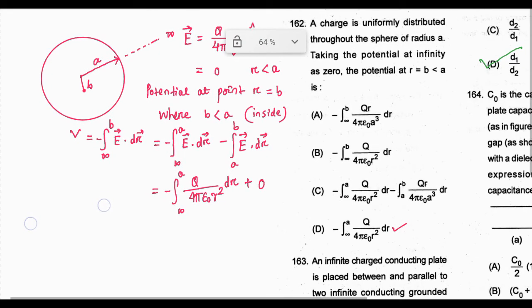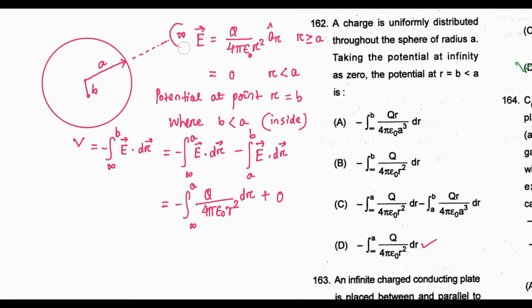Suppose this one is the charge uniformly distributed throughout the sphere of radius A, and at infinity the potential is 0, but we have to find it at B which is smaller than A. So E is equal to q by 4 pi epsilon naught r square r cap, where r cap is the radial unit vector, for r greater than A, but for r smaller than A, that means within the sphere, the field is 0.